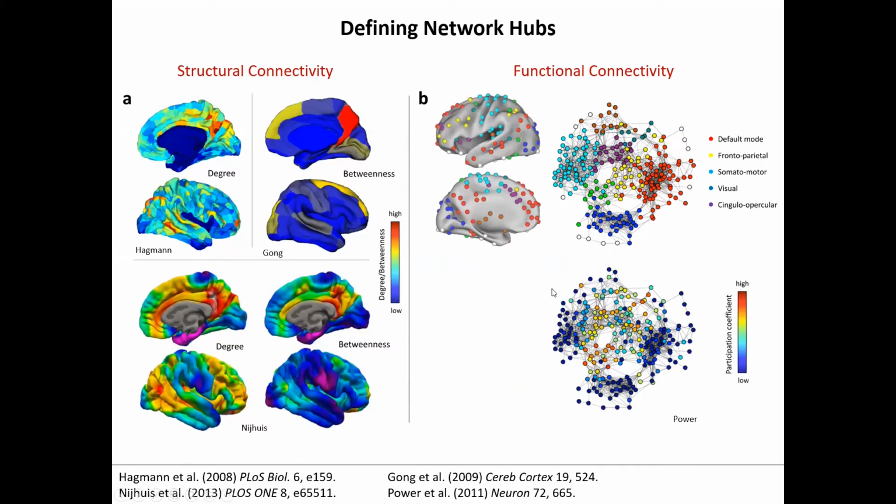When we go to functional connectivity and we record time series with fMRI, we really should not, in my opinion, apply degree and betweenness to those same data in an unqualified way. We should look at this differently. Jonathan Power, in a paper a long time ago now, pointed this out and came up with a way of defining hubs that is more consonant with the modality and the way that the data are actually acquired and processed.